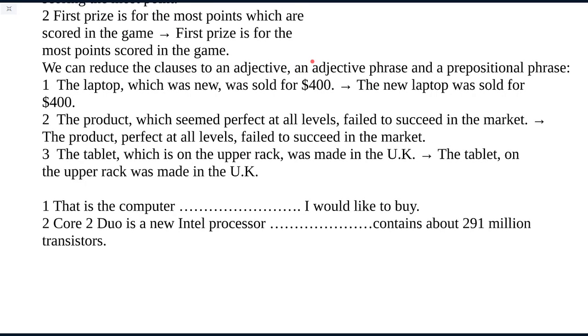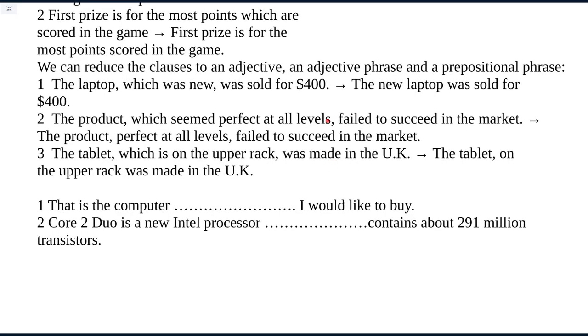And here is where I want to hear your voices. So we have a set of sentences. These are the only two that appear on the first page. So we say, that is the computer I would like to buy. In this case, this sentence is complete, coherent, and grammatically correct because it's a reduced relative clause.